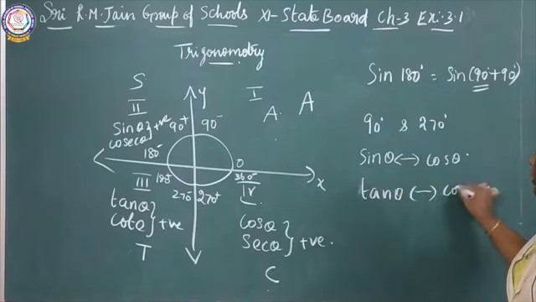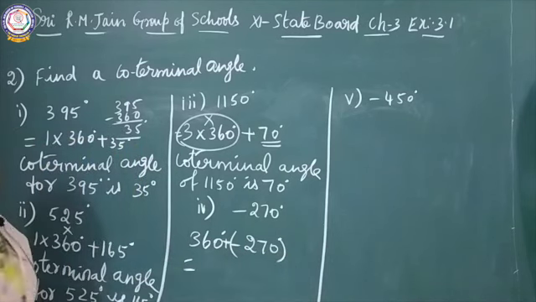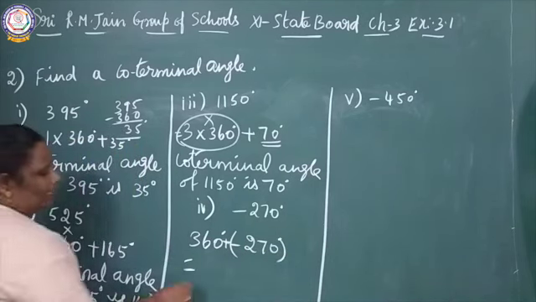Next, minus 270 degree. See here, 360 minus 270. You subtract from 360 minus 270. What is the value you are getting? 90 degree.